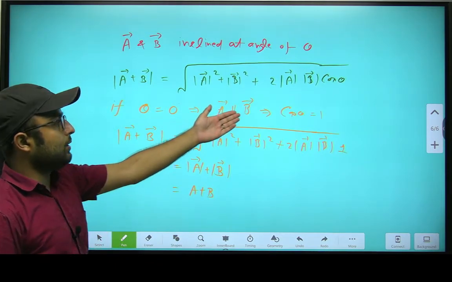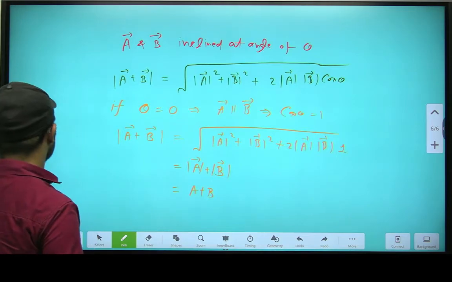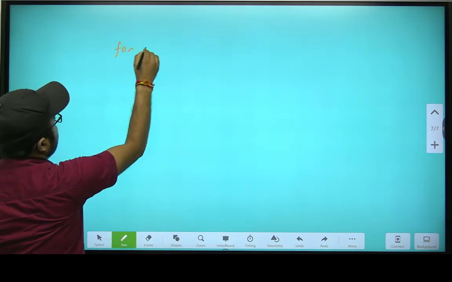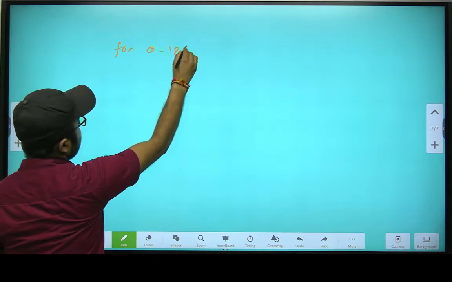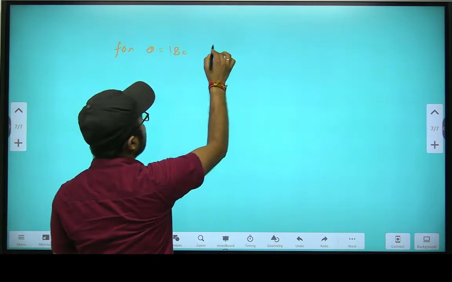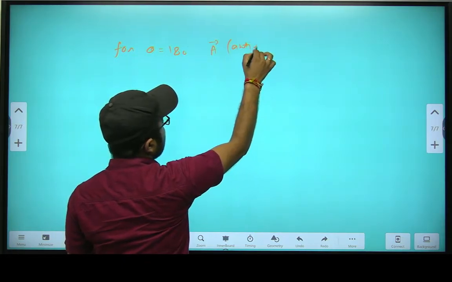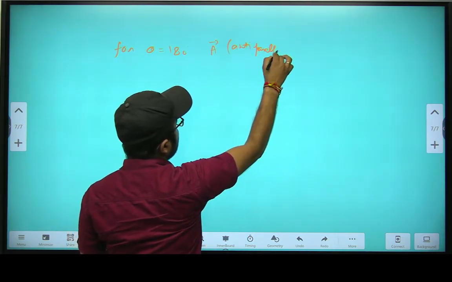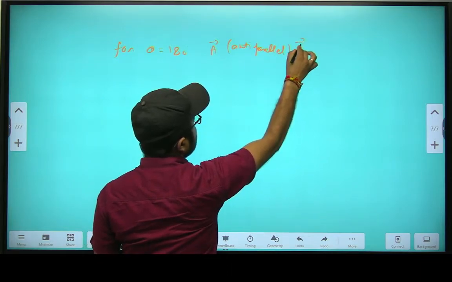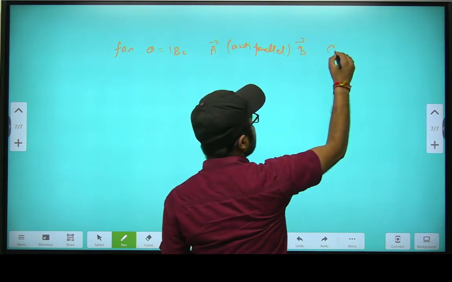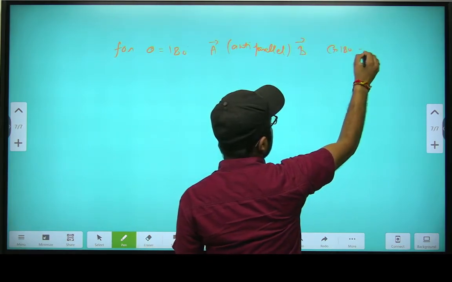If theta is equal to 180 degrees, the vector A is antiparallel to vector B, and cos 180 is equal to -1.